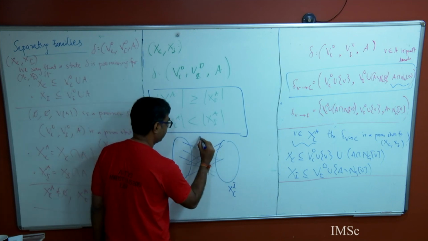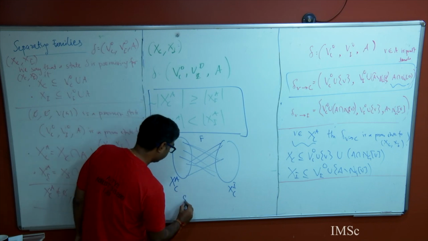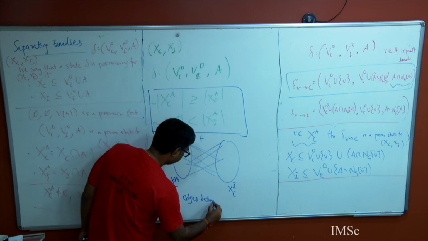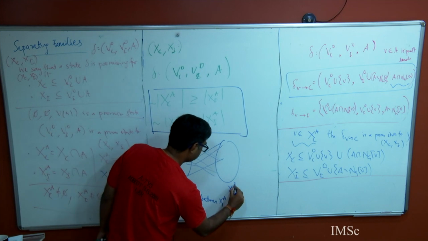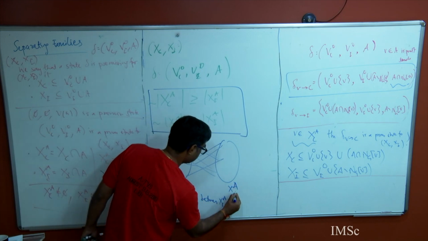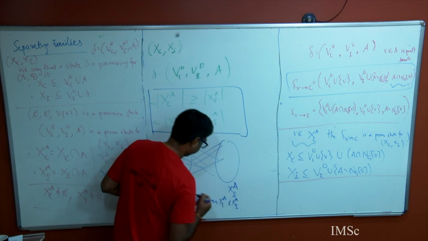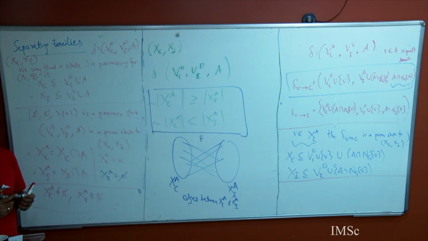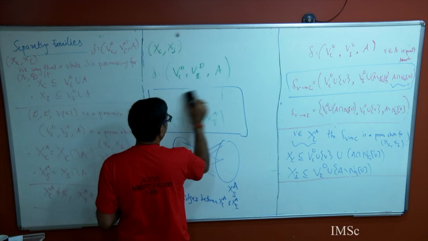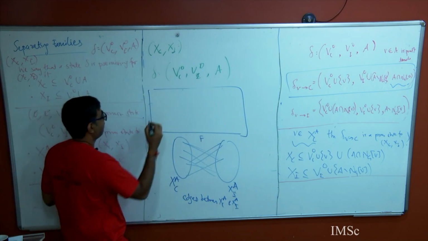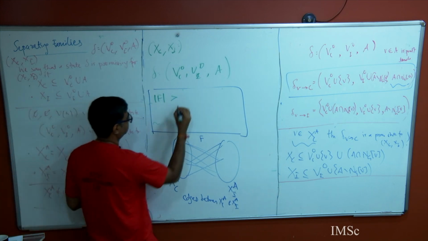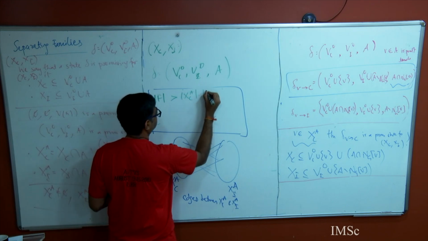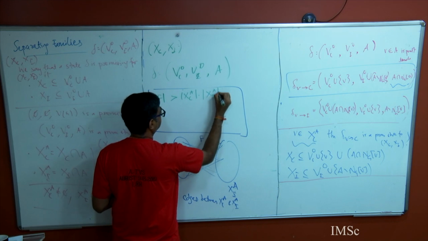Let this edge set be F. Edges between XCA and XI. Suppose the cardinality of F, the number of edges, is more than... what can you say?